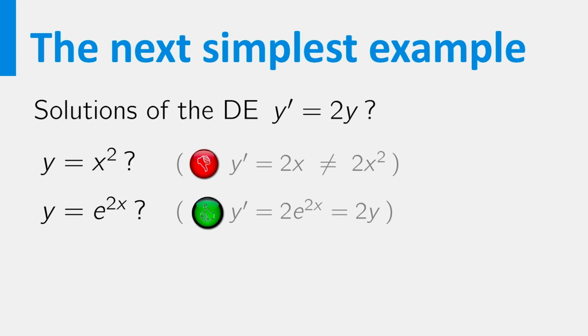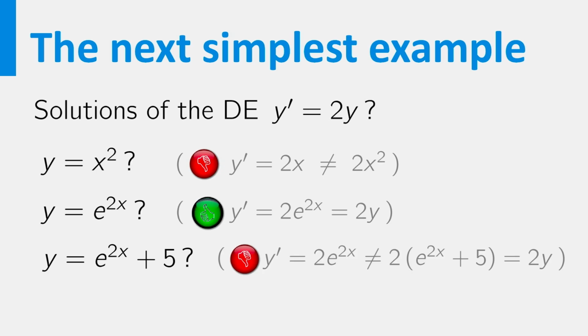In this case, adding a constant c doesn't work. The derivative of e^(2x) + 5 equals 2 times e^(2x), and this is not equal to 2 times (e^(2x) + 5). No, for this equation, multiples of the solution e^(2x) provide more solutions.